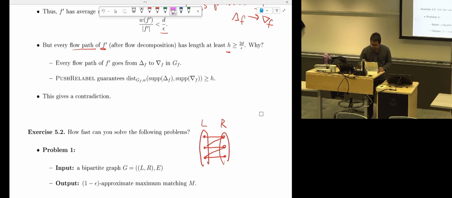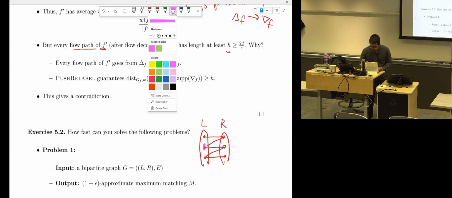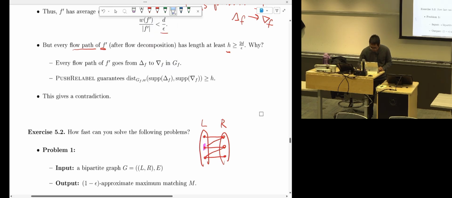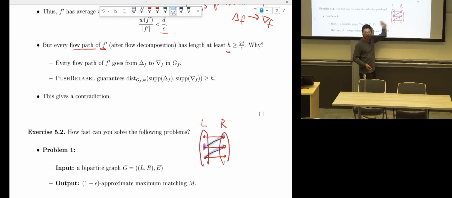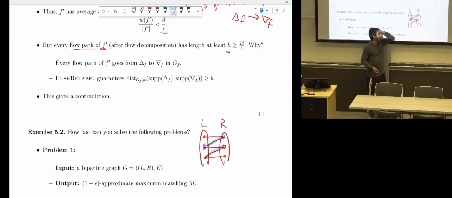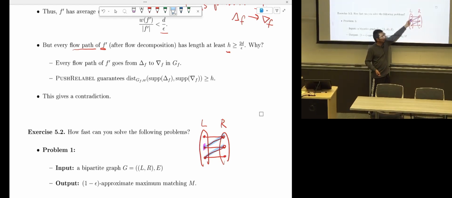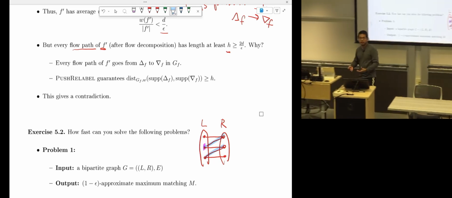And we want to find some matching, maybe like this. This is a matching, so the edges are disjoint, right? This is not maximum. The one here is maximum. We want to find a maximum matching.